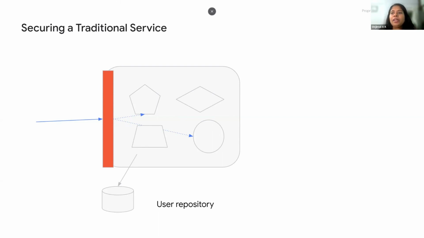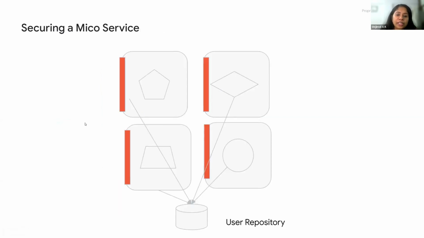But when it comes to microservices, things change slightly, because we saw earlier that there are different microservices, and each of these microservices will have an interface. Some of them might be exposing services to the internet, right? And there is a user repository from which these are being deployed. So there are different entry points for an attacker to an application when compared to a traditional application, where the entry point was typically a single interface.